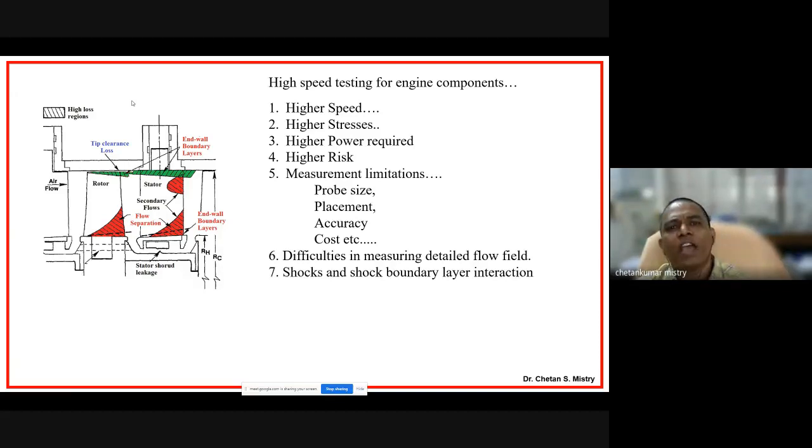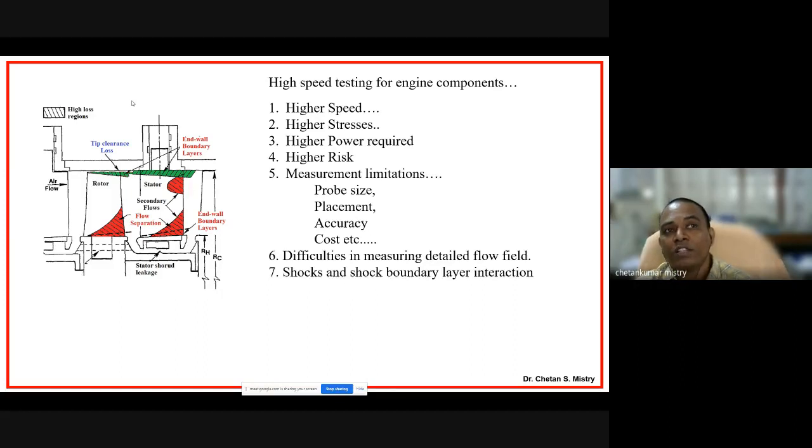With higher speed, you will have very high stresses. At the same time, your power requirement will be huge. Let me tell you, for one of our experiments, one stage of HP compressor testing required 3 megawatts of power, which is equivalent to the full consumption of IIT Kharagpur. So you can understand that part.